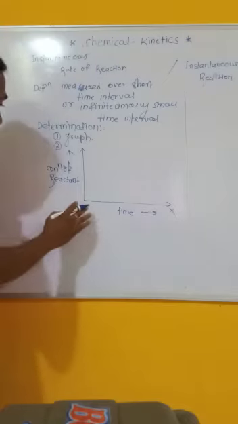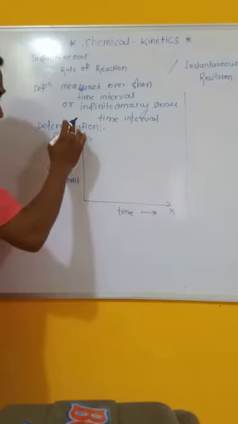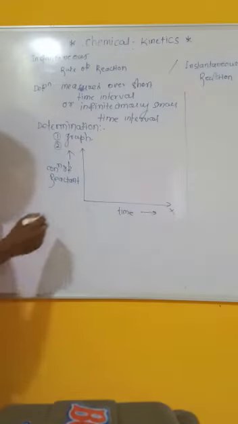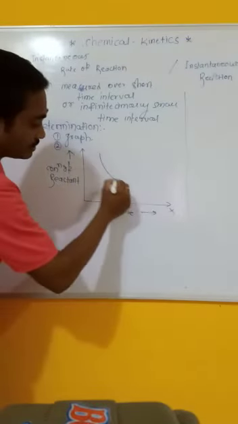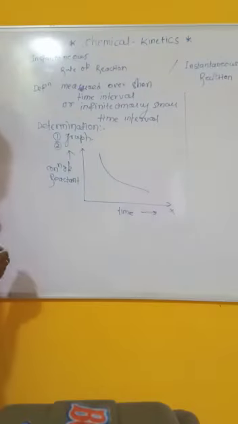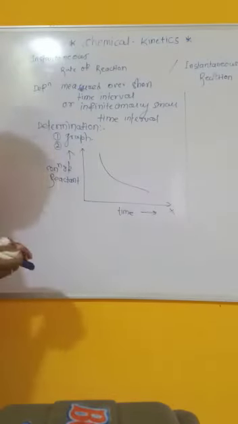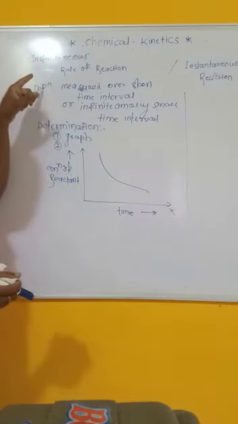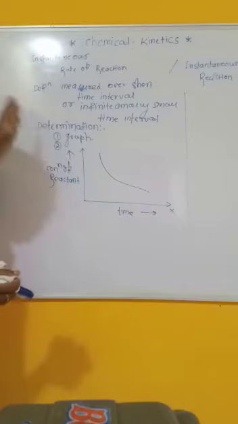If we plot a graph between the concentration of reactant along the y-axis and time along the x-axis, the graph obtained is used to find the instantaneous rate of reaction.